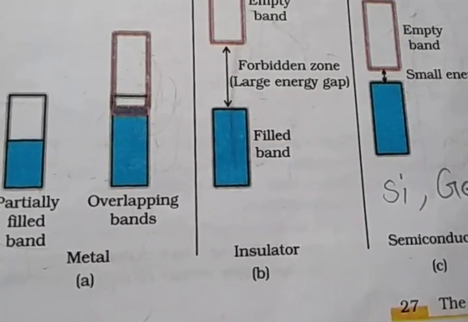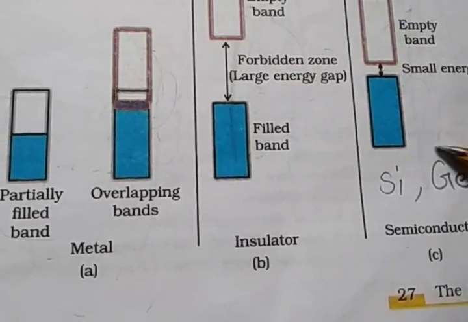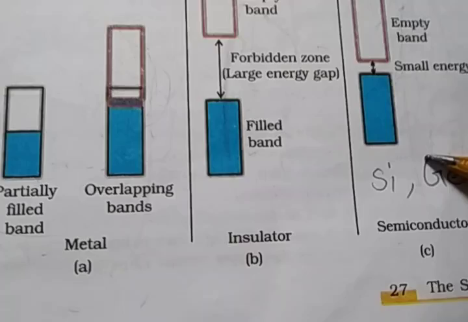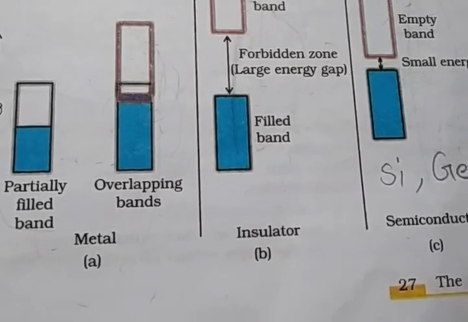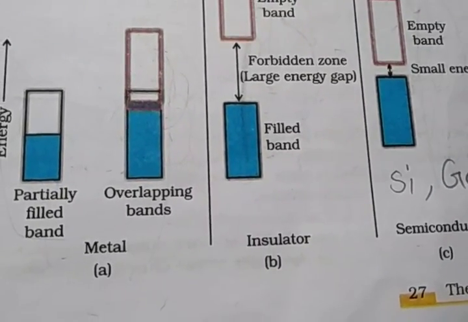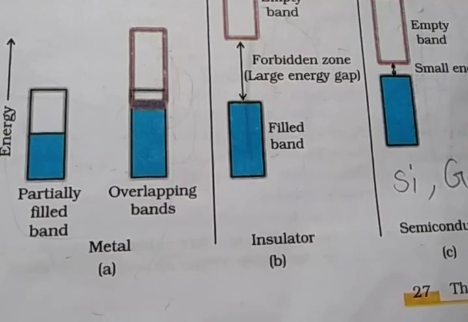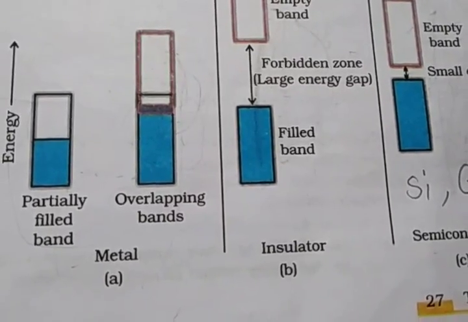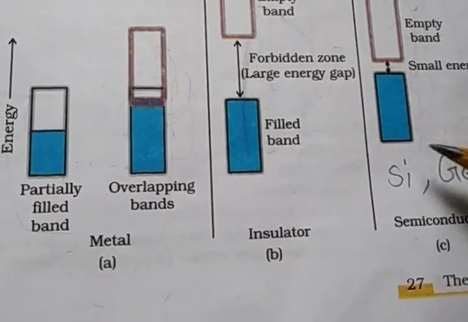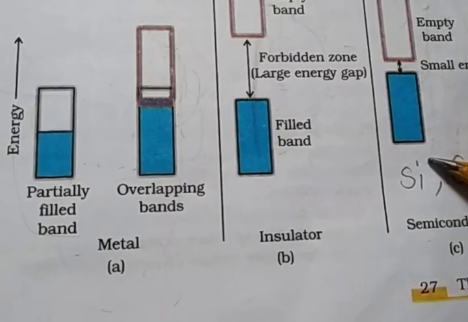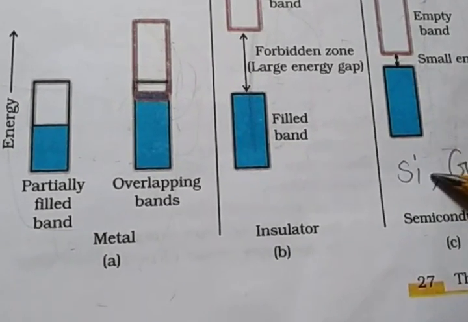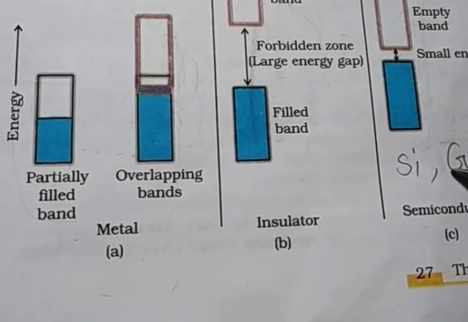Okay, clear? The conductivity of these intrinsic semiconductors is too low to be of practical use. Their conductivity is increased by adding an appropriate amount of suitable impurities.